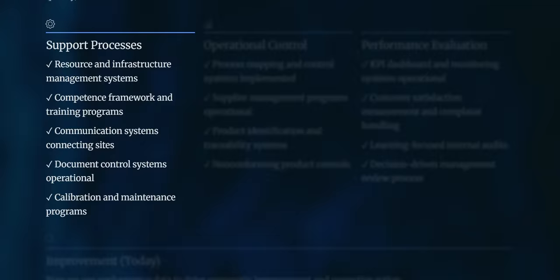Then in Module 4, support processes, we have covered the following: resources and infrastructure management system, competence framework and training program, communication system connecting sites, document control system, and calibration and maintenance program.